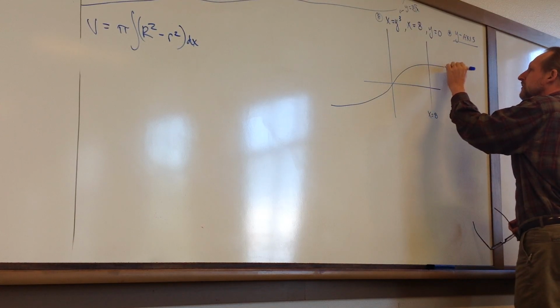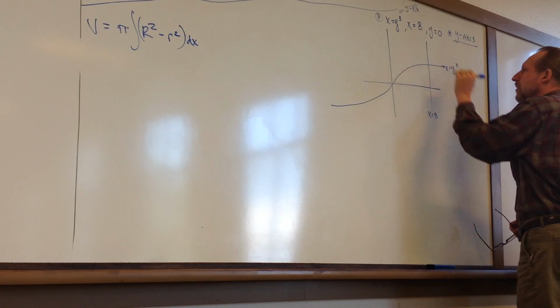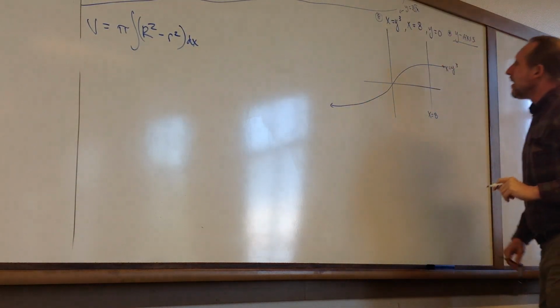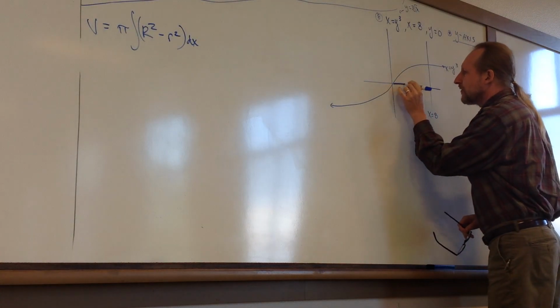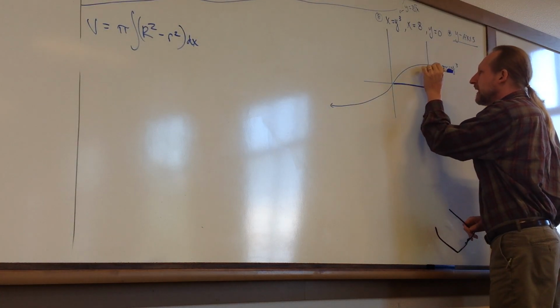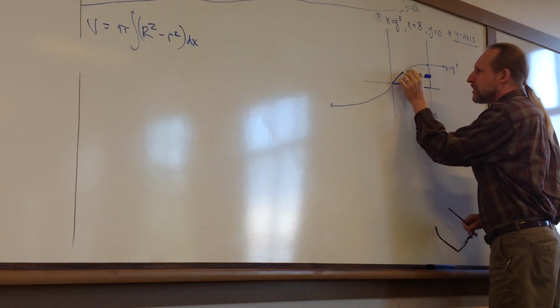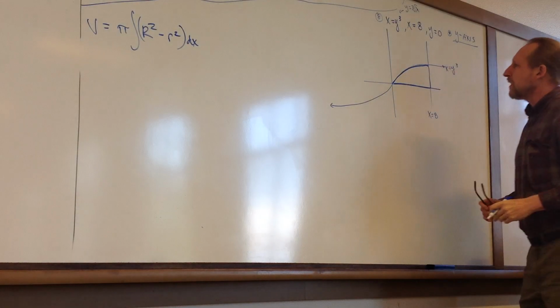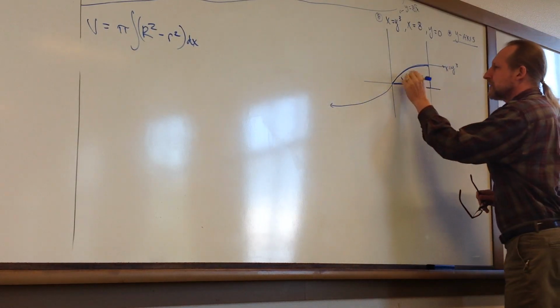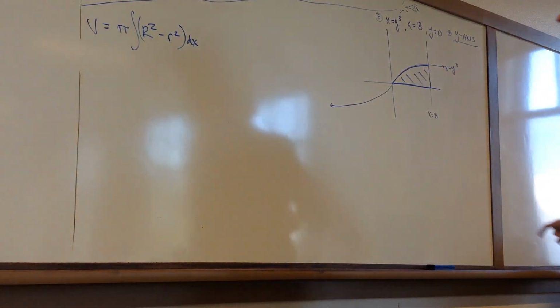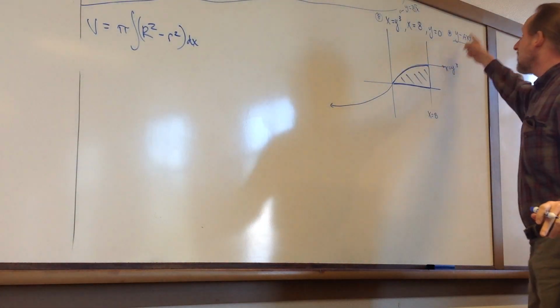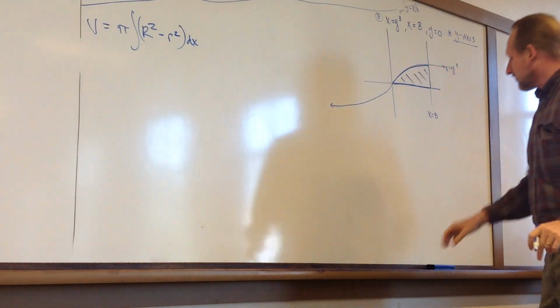Let's see, this is x equals y cubed. And then what else? Y equals 0. So that's down here. So that identifies the area that we want to rotate, right? I'll shade this in a little bit and then go back and erase it. But that's the piece of area that we now want to rotate around the y-axis.